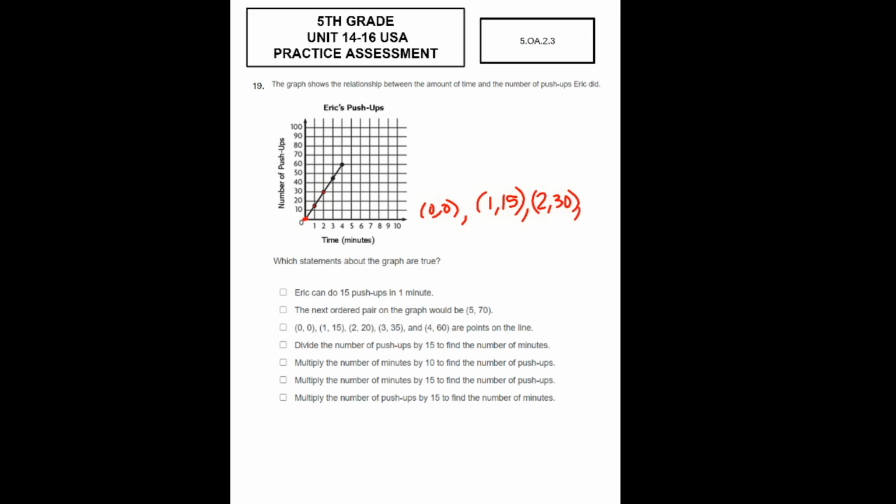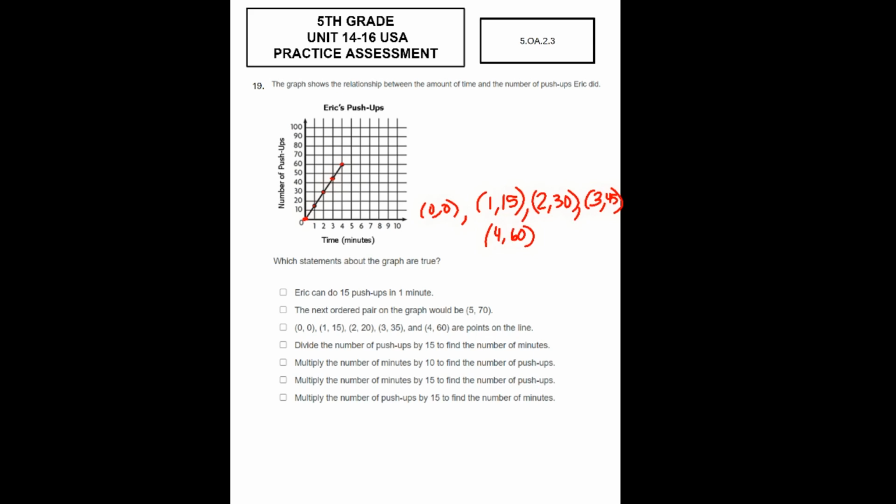The next one here looks like it's between 40 and 50. So that would be 45. And then that's at 3. So 3, 45. And then our last one right here is at the 60. So that'd be 4, 60. Okay. So we have all of them plotted now, or all of them labeled.